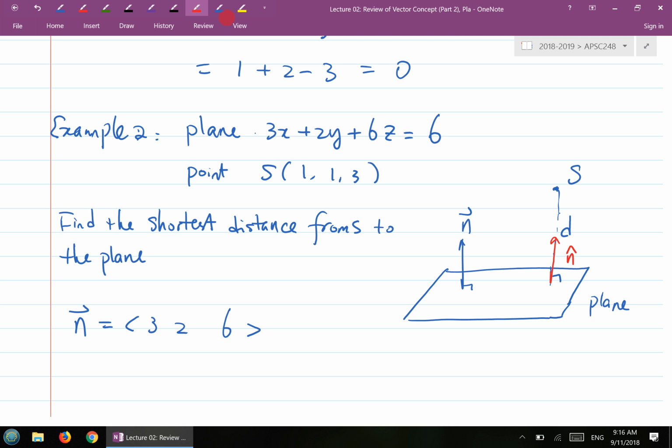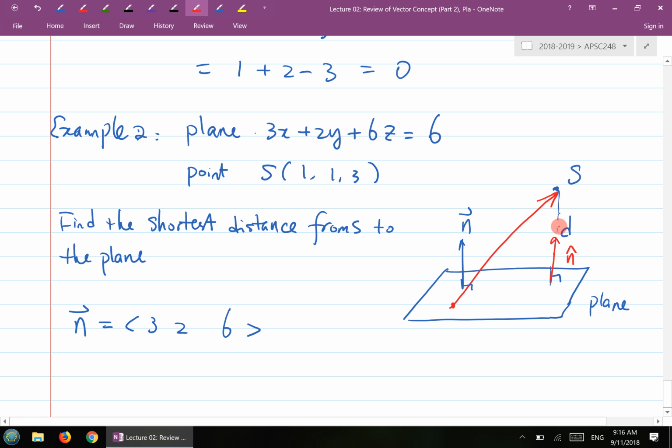How can you create a vector which, dotted with the n hat, gives you the d? Yes? From the point you have on the plane up to your new S. Excellent, excellent. So from a point on the plane up to the point S, that's a vector. That's an option here.